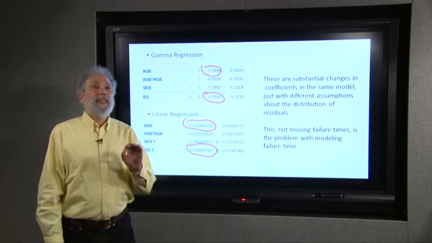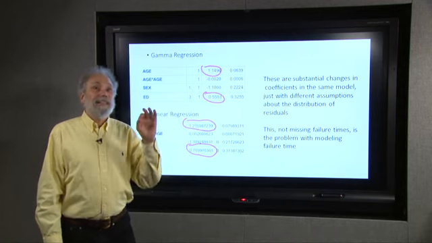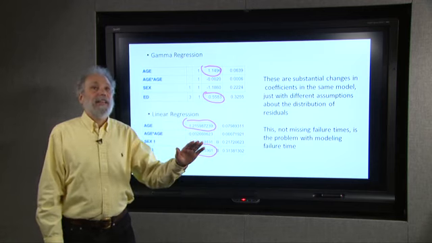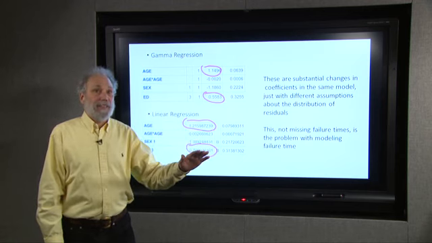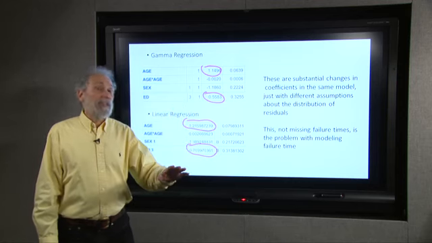Because if the failure times are not observed, but the censoring is non-informative, things are just fine. That creates no bias in the analysis. Informative censoring does, but it also does that for the Cox model.